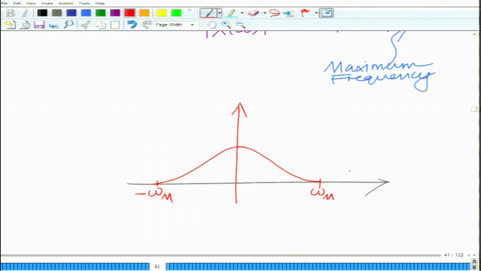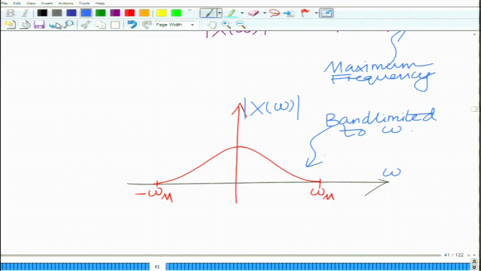Let us say this is the magnitude spectrum, and this is band limited to omega m. Okay. Band limited signals have an important role to play in sampling and so on.